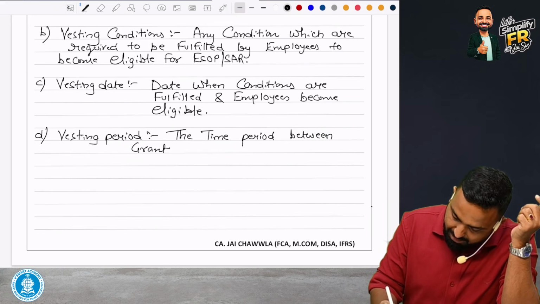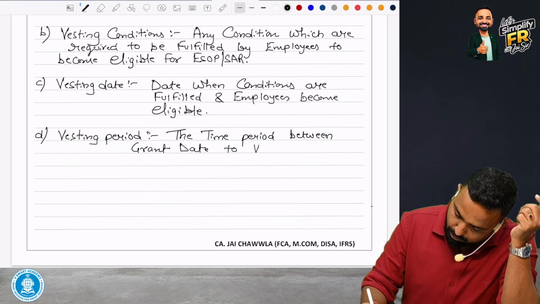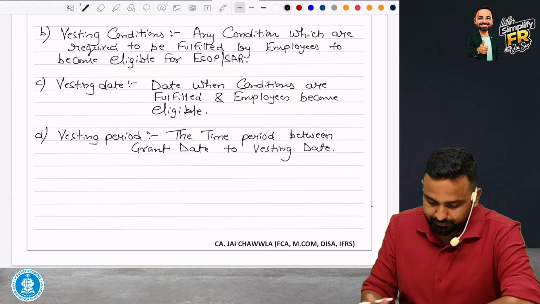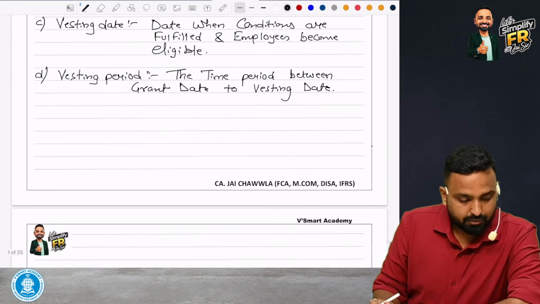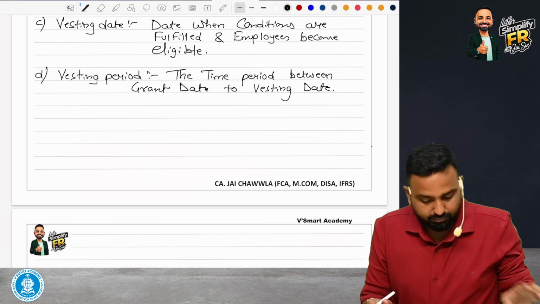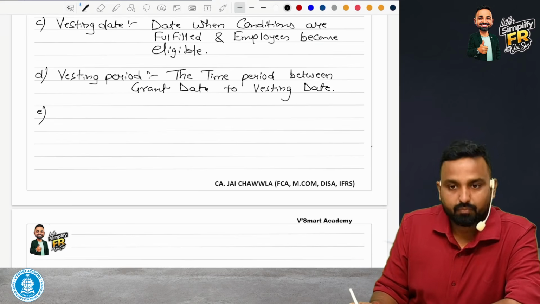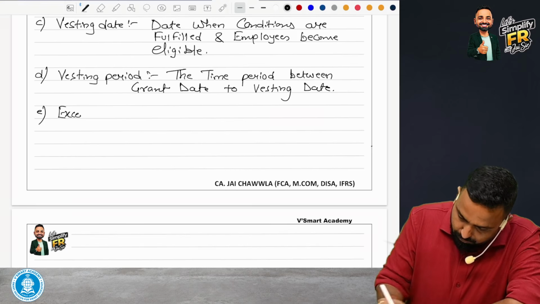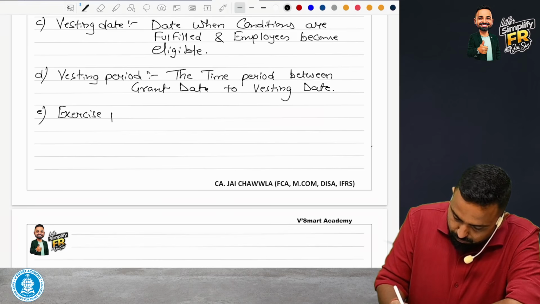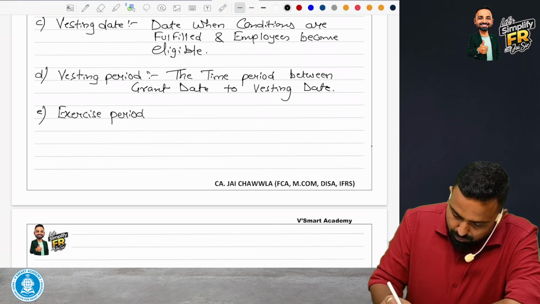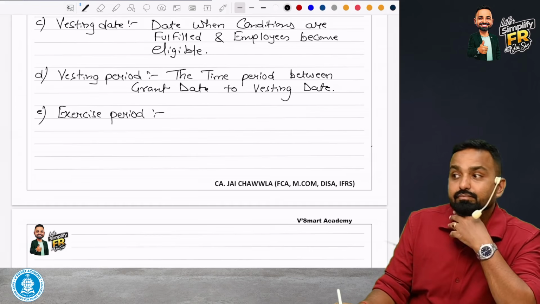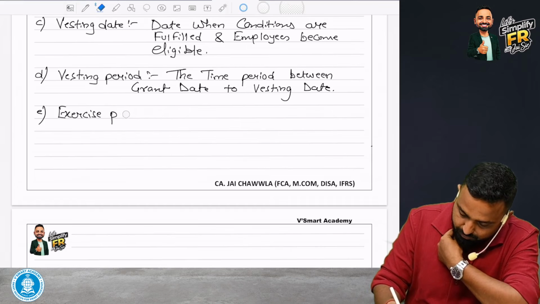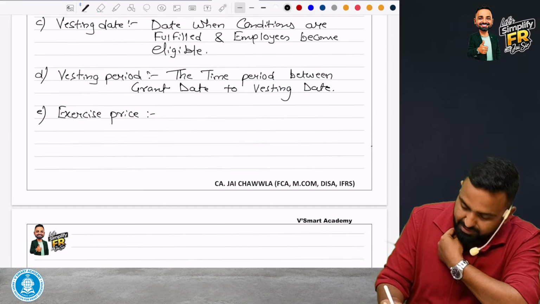Next was exercise price. Exercise price.